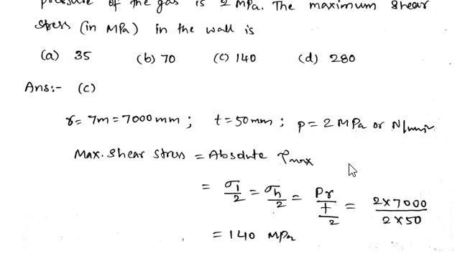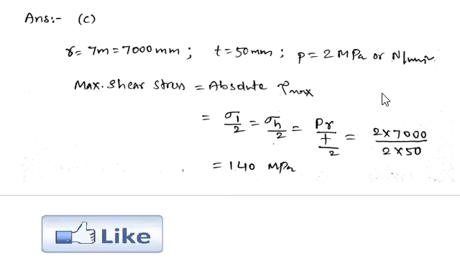So here the maximum principal stress is nothing but hoop stress. In terms of radius, that is PR by T, and divided by 2. So when you substitute the values, P is 2 megapascal, radius 7000 mm, and thickness 50 mm, and simplify, we are getting the maximum shear stress as 140 megapascal. So option C is the right option here.